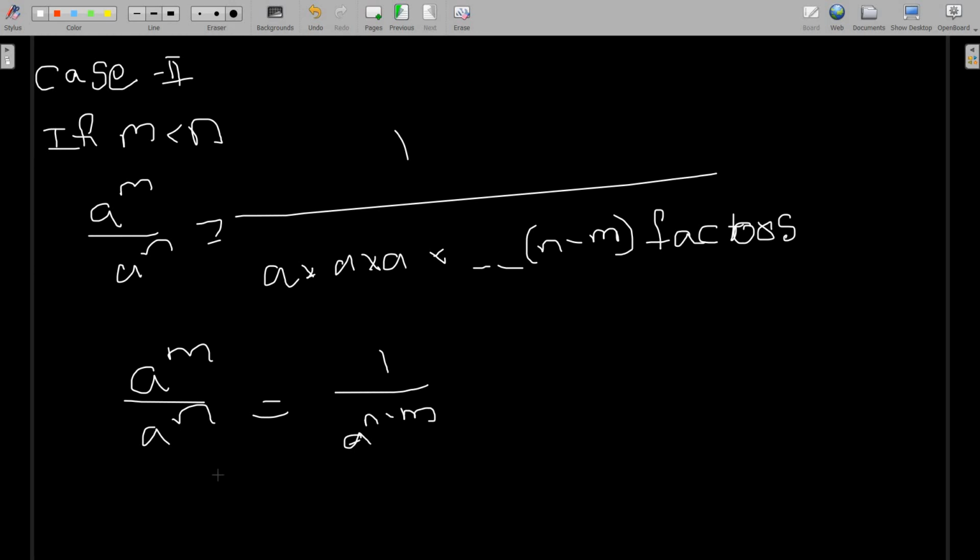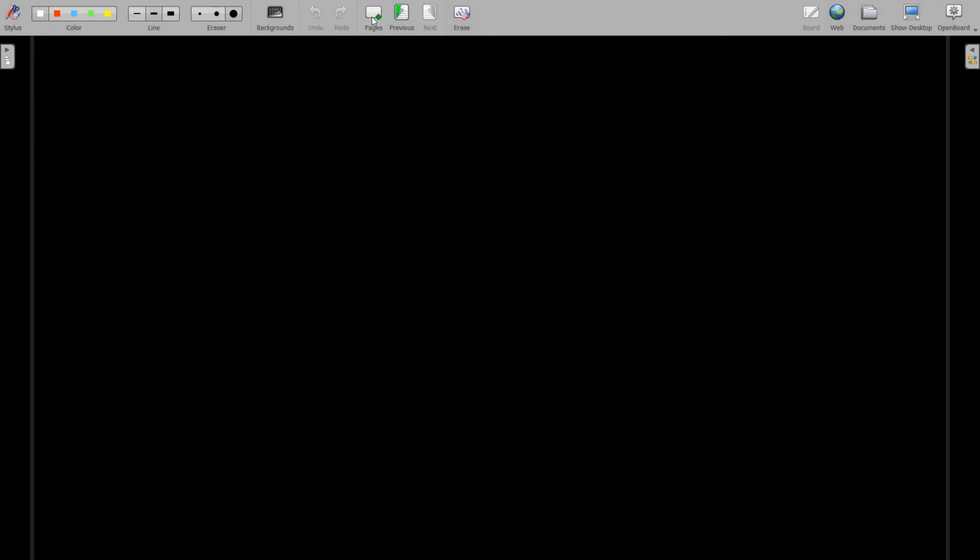So in case 2, if n, the power of a in the denominator, is the greater number compared to m, that time the statement and the formula is here, and the law is here. These are both cases.